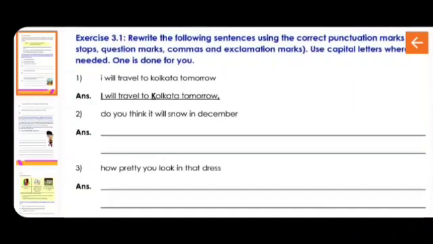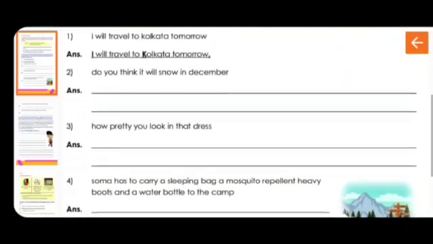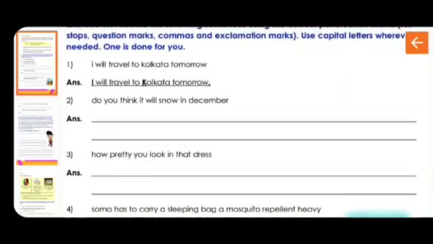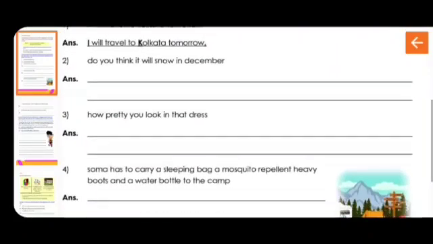Then if it is an interrogative sentence, that is, it is a question type sentence, then you should use question mark. An imperative sentence, if it is a command, which starts with a verb, then you will use full stop. Understood, children?